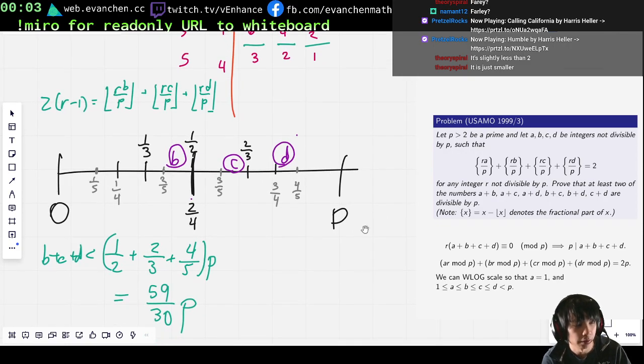On the other hand, the existence of numbers in these intervals at all, like if there is any integer between 1/5 P and 2/5 P, that means that can I get a lower bound on P from that?